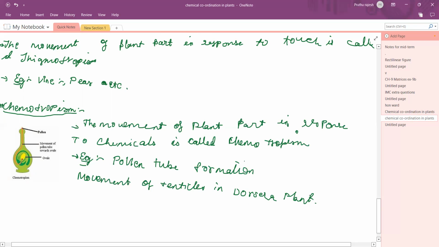So I'll explain chemotropism. The movement of plant part in response to chemicals is called chemotropism.